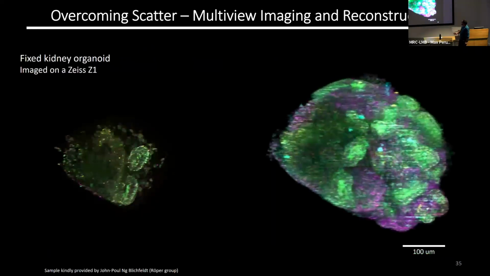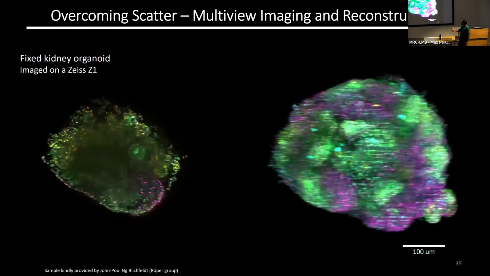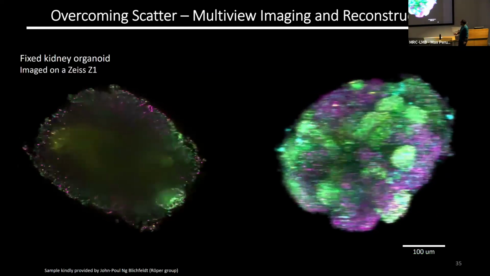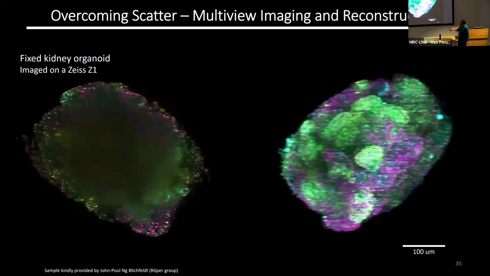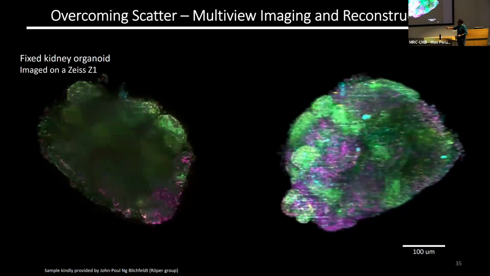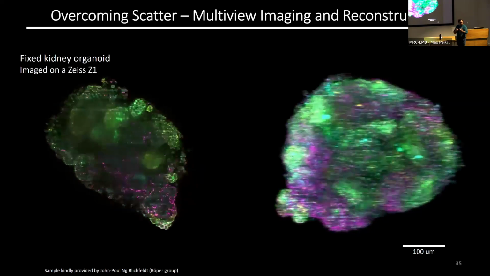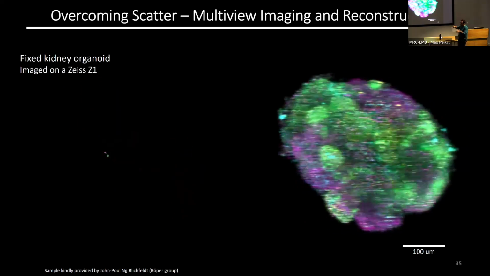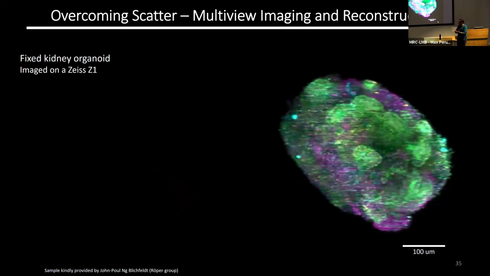Okay, so another example is a fixed organoid, and this is being imaged in the Zeiss Z1, which is a commercially available light sheet microscope. And as you can see, of course, this doesn't solve scattering in the core of your sample if it's a very thick one, but it certainly solves it in the periphery, in the outside of your sample.